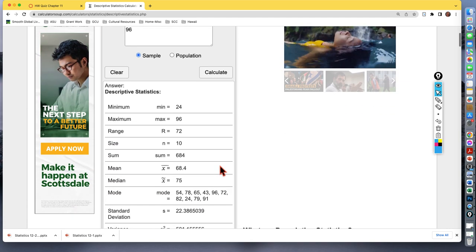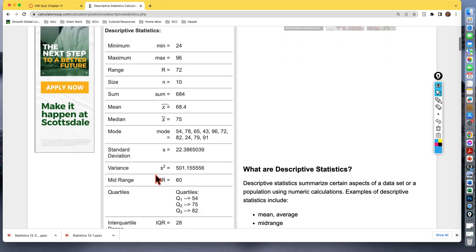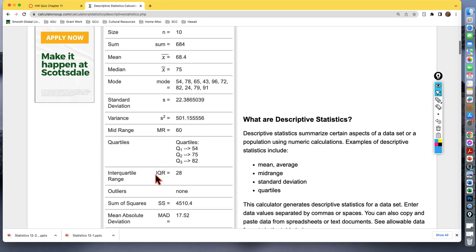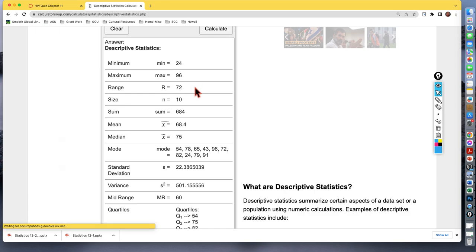The 5-number summary is looking for the minimum and the maximum, the median, and actually you'll see the median's the quartile. So these are 3 of the 5 numbers: first quartile, second quartile, third quartile, and the minimum and maximum are the other 2.